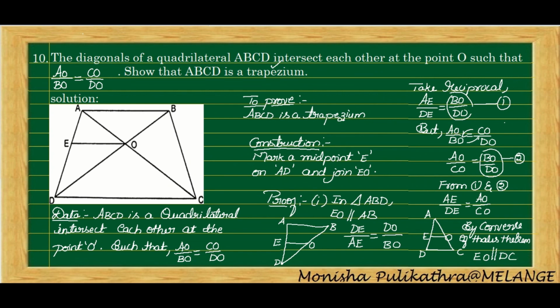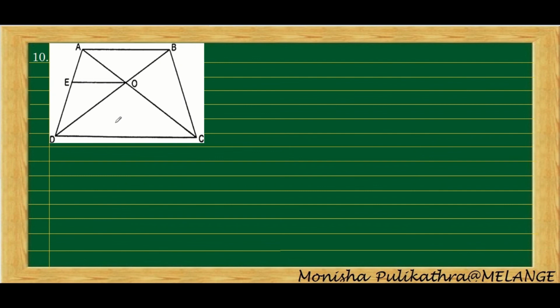So the answer continues. This is the continuation of the last problem. So in the first equation, we have proved that EO is parallel to AB. In the second case, we proved that EO is parallel to CD or DC. Okay, EO is parallel to AB and EO is also parallel to DC.